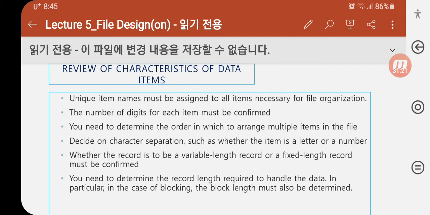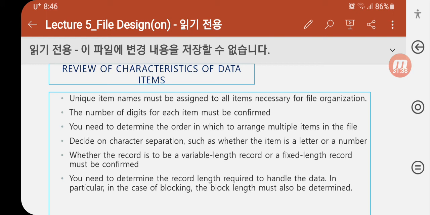You need to determine the order in which to arrange multiple items in the file. Decide on character separation, such as whether the item is a letter or a number.